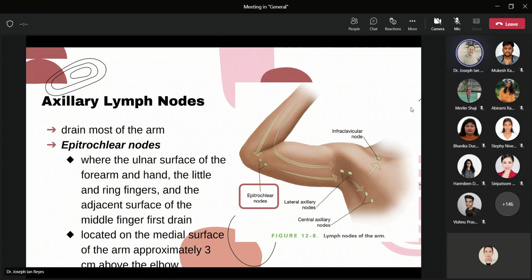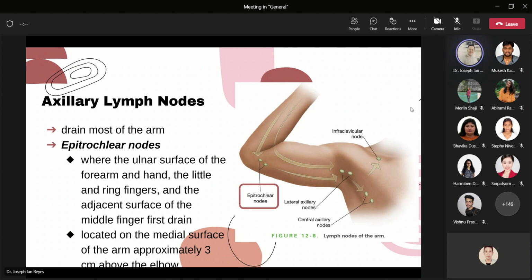They are located on the medial surface of the arm, approximately 3 centimeters above the elbow. Lymphatics from the rest of the arm drain primarily into the axillary nodes. Some lymph fluid may go directly to the infraclavicular nodes also.